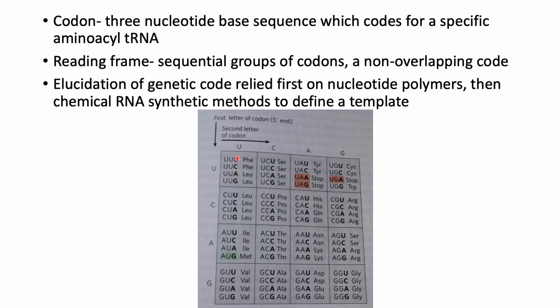And these are the codons on RNA. The first letter of the codon is U, C, A, or G. The second letter is U, C, A, or G. And the 3rd letter is shown in these breakdowns.